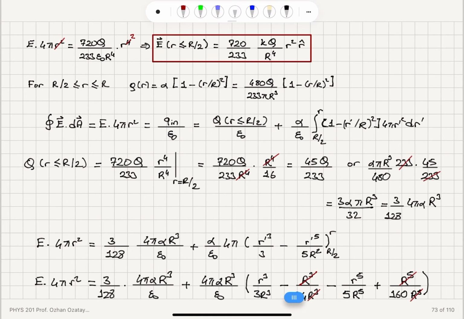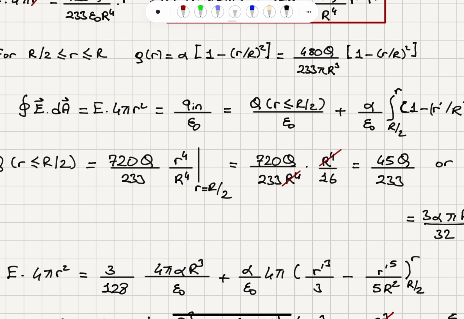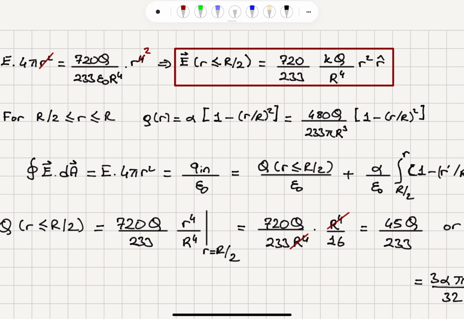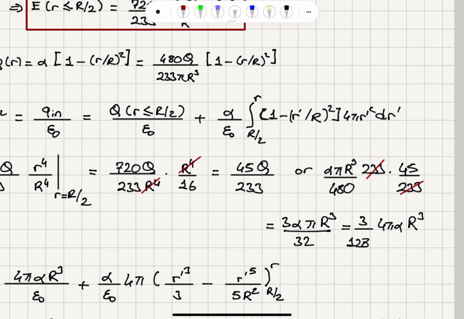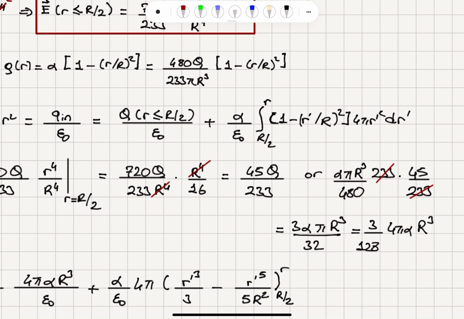And when we perform this calculation for q r less or equal to r over 2, because we already know the charge enclosed is 720 q r to the fourth power over 233 capital R to the fourth power, we substitute for r capital R over 2. This just gives us the answer we're looking for, 45 q over 233, or this can be written in terms of alpha this way.